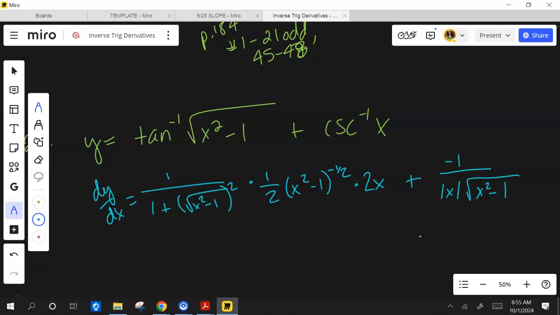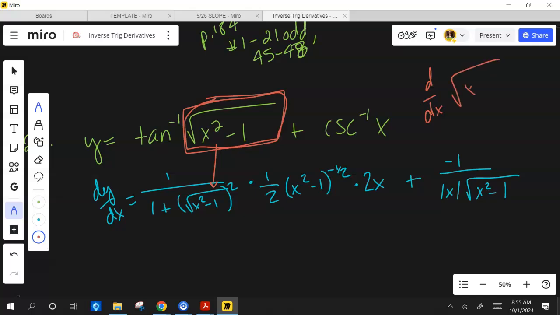All right. All I did was plug in first. Right? And then I chained it. So when you chain it, think about just finding the derivative. If I asked you what's the derivative of the square root of x squared minus 1, well, you would say power and then argument, right? So that's all I did here. Does that make sense?